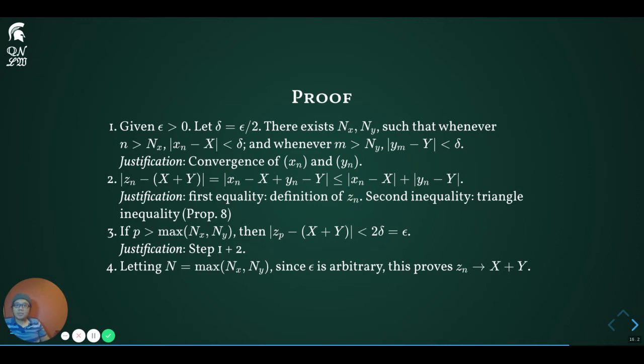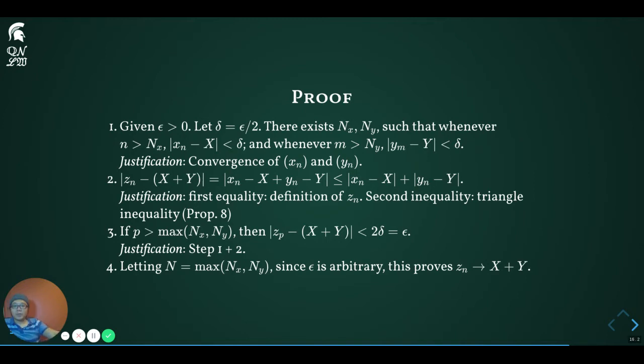So, the inequality in step 2 leads us to the statement that the distance from z sub n to the sum of capital X and capital Y is less than twice delta, one delta coming from each of x and y. Since 2 delta is equal to epsilon, we have demonstrated that for any epsilon, we can find an index such that beyond that index, the sequence z sub n is closer than epsilon to the putative limit, and hence convergence is proven.